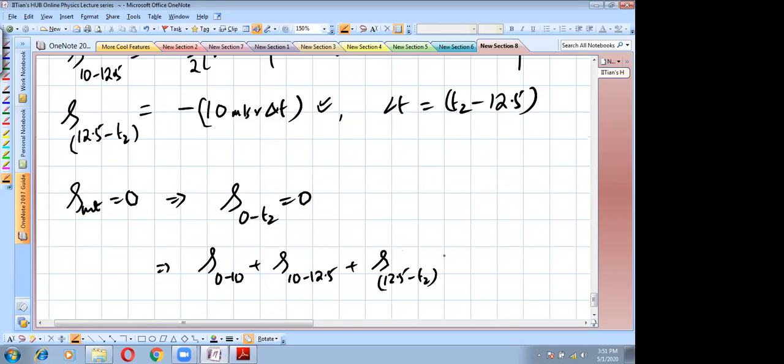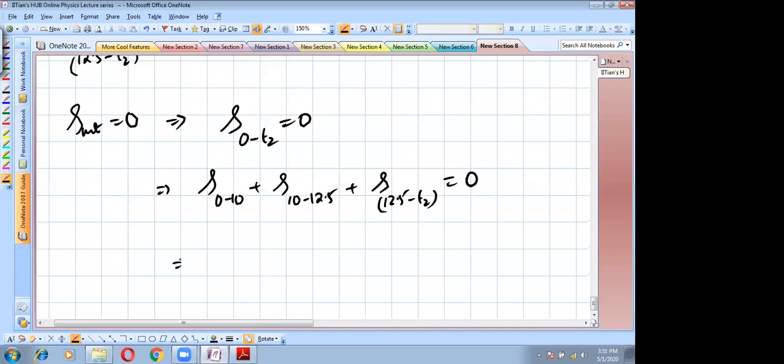The algebraic sum of these should be 0. So this we had already seen was plus 100. The second small triangle was minus 12.5. And the third triangle was basically equal to minus 10 delta t, where delta t was that time interval from 12.5 to T2. So this should be 0.